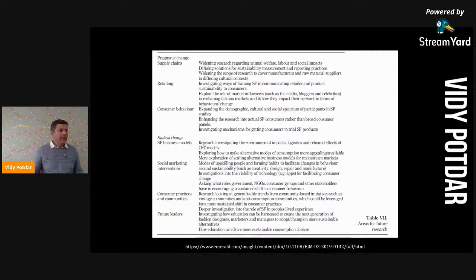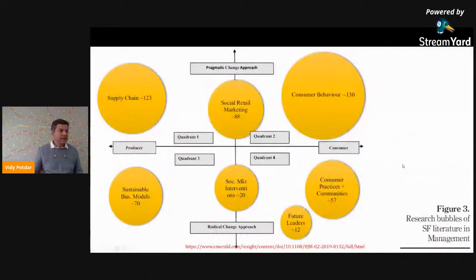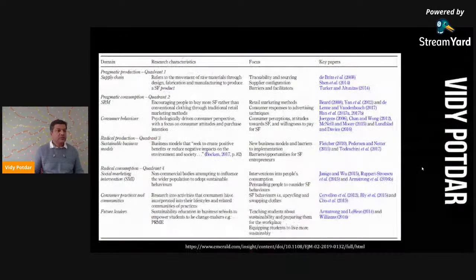By looking at this figure, when they evaluated the number of papers in a particular segment or research group, what are the future research directions in this, similarly for this and this. That is one very valuable contribution of a systematic review, and you could represent that as a table.